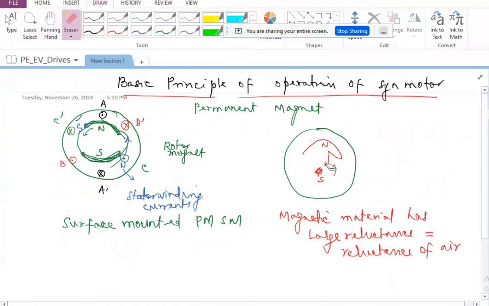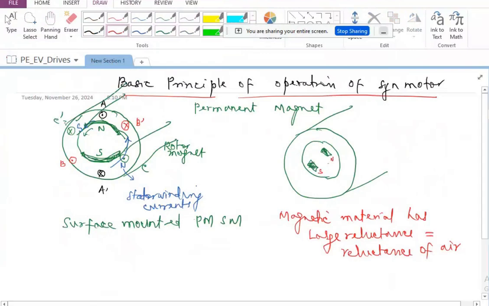So even if I am having a structure which is almost cylindrical in nature, the rotor as well as stator are like concentric cylinders. Here the stator cylinder is like this, whereas this is the rotor cylinder, which is concentric, though I have not shown it exactly like that. And I'm going to have the North Pole buried here and South Pole buried here. This is the permanent magnet pole that is buried here.